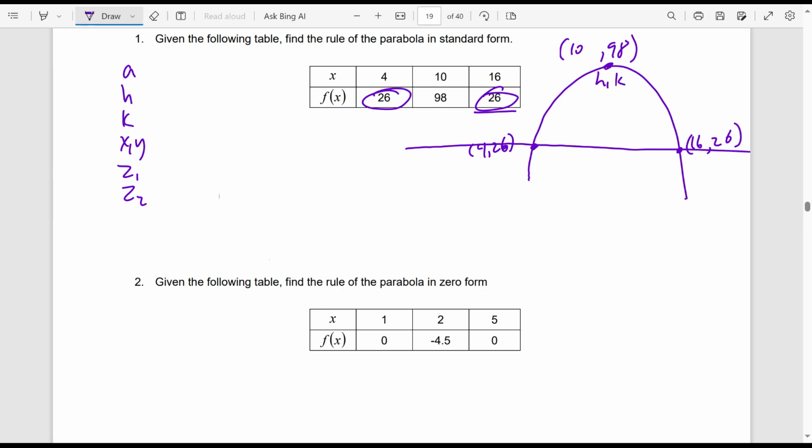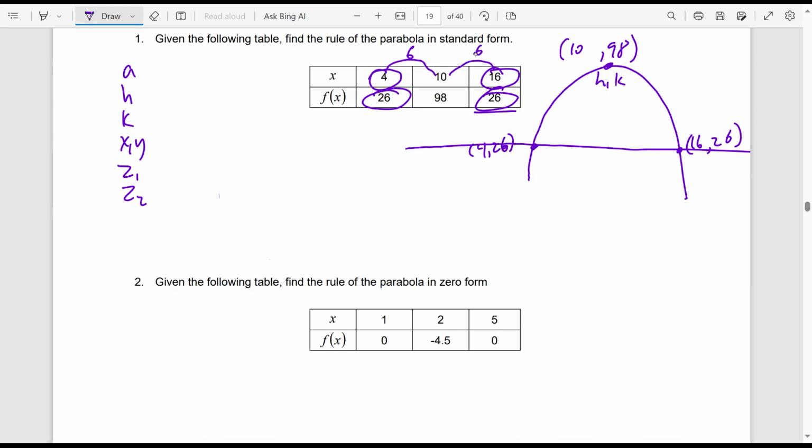So if I see two y values that are the same, perfect. Switch and look at the x values attached to them. If you want to make it easier, ask what is the distance between 4 and 10? 6. What is the distance between 10 and 16?